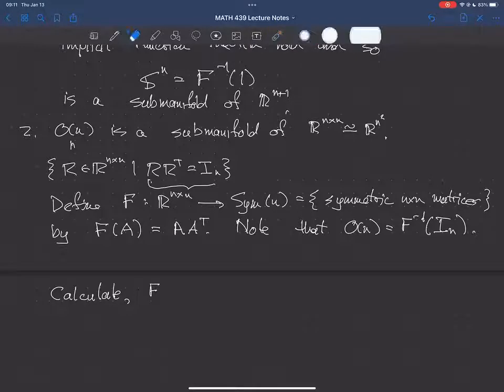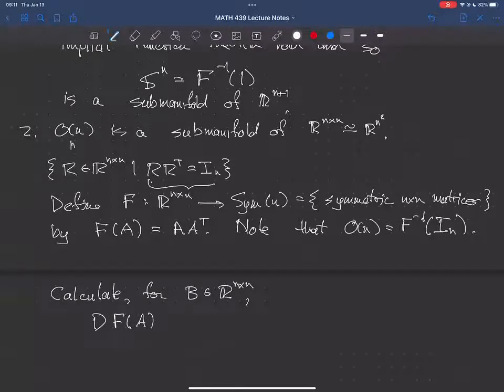Okay, so I go df at A, the derivative of F at A in the direction of B.